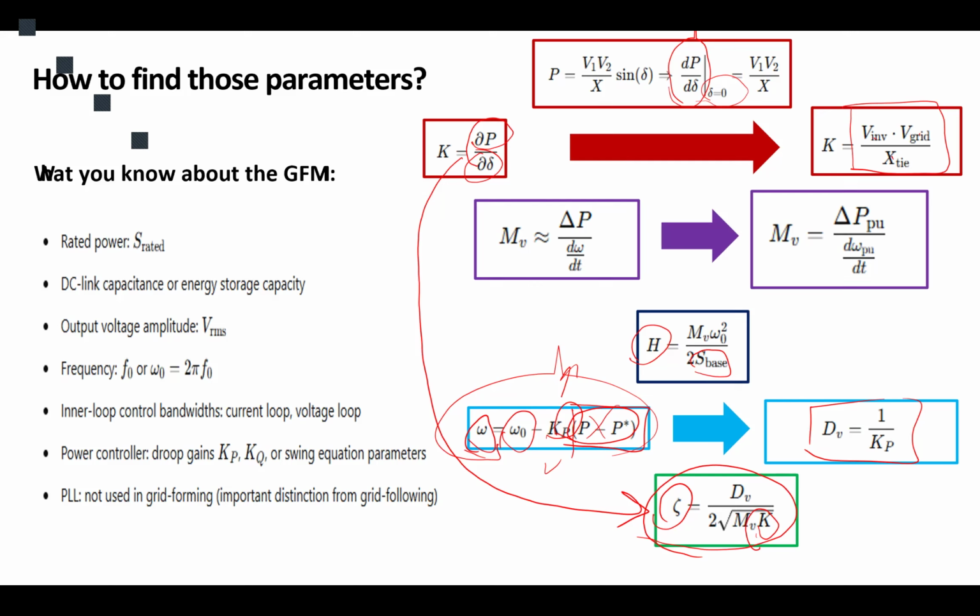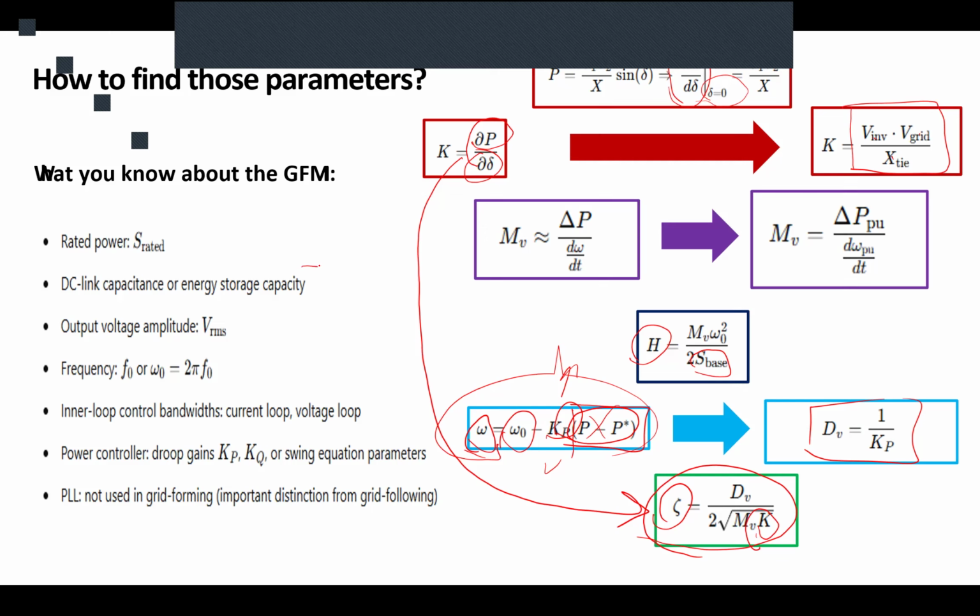For example, let's say this is our frequency or voltage, and we have a very sharp disturbance. This is a function of time.